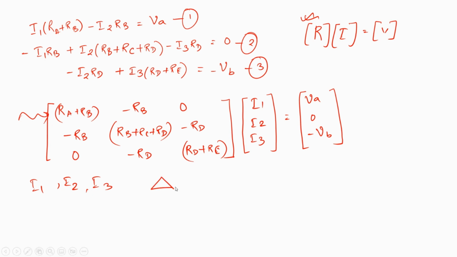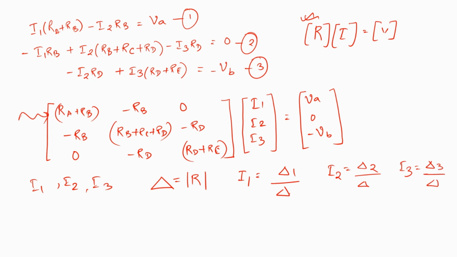This can be done by computing the determinant of R and applying Cramer's rule or the matrix method. We can find I1 as del 1 by del, I2 as del 2 by del, and I3 as del 3 by del.